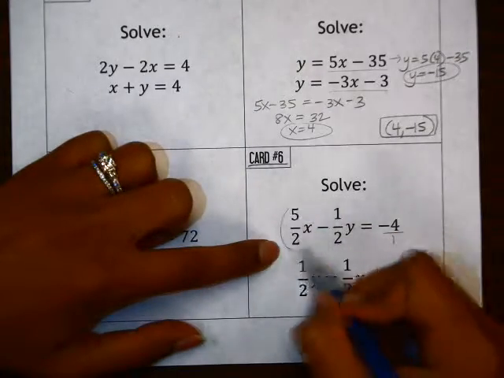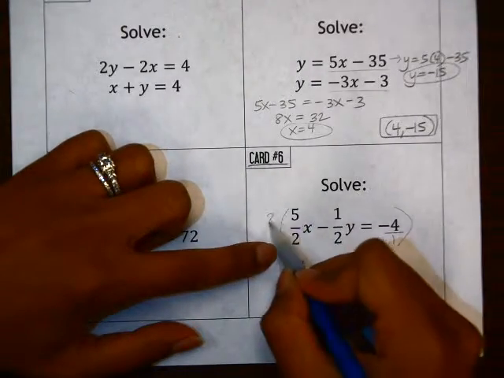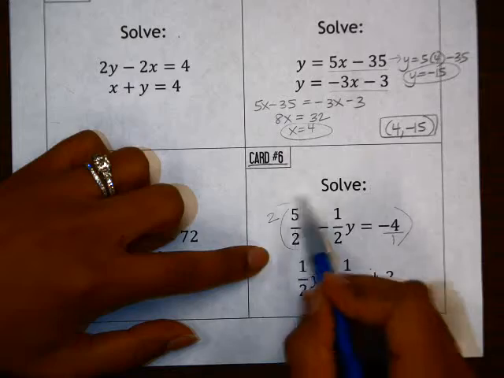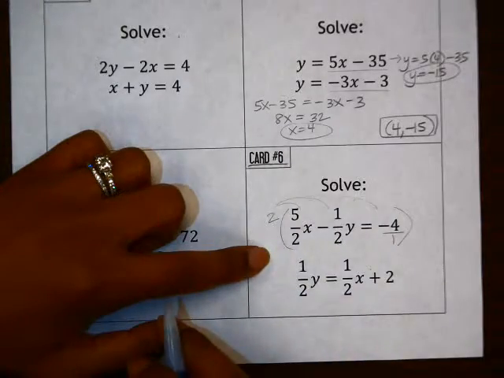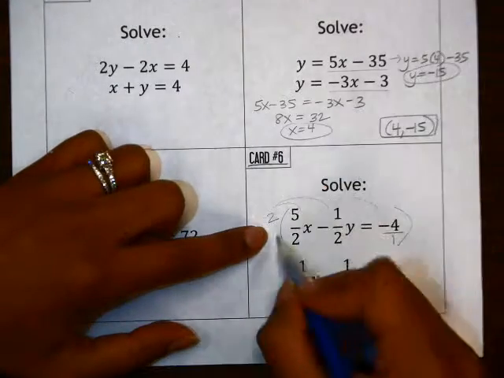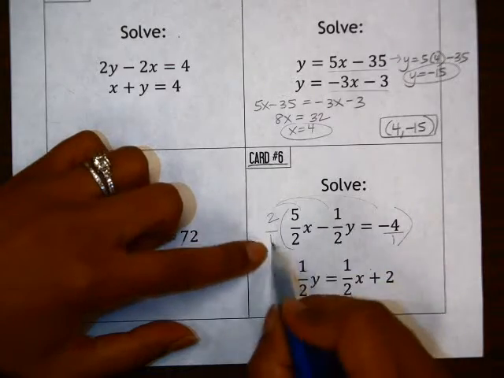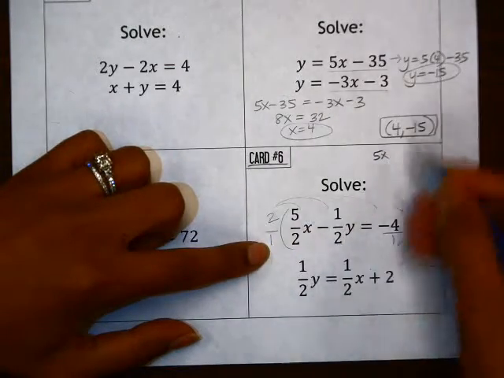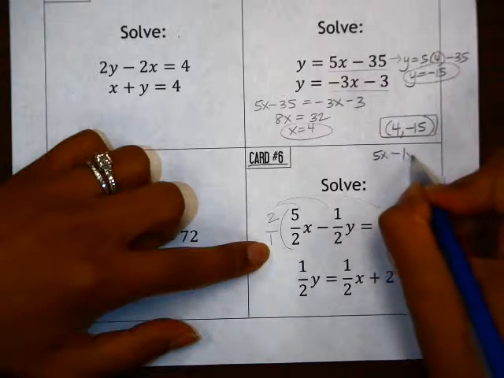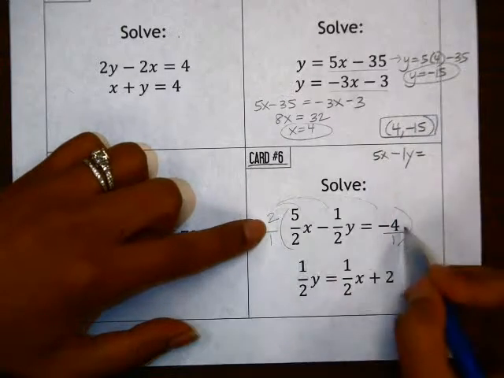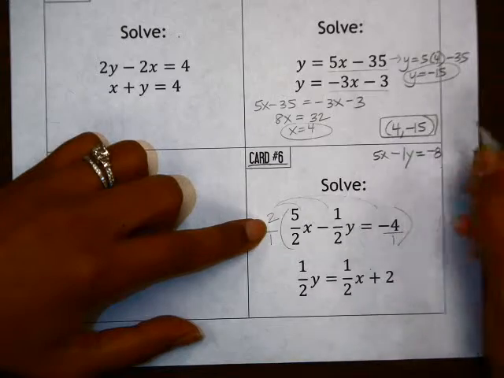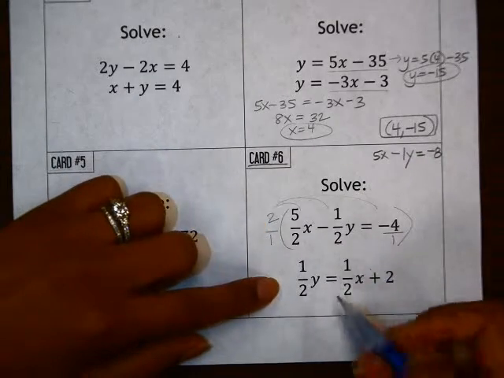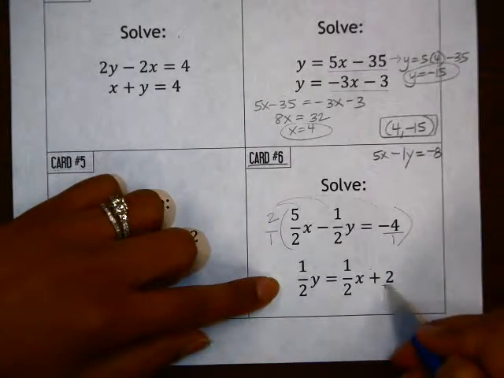So if I can multiply the whole equation by 2, let's see what that gives us. This would give us 10 over 2, which is 5. 2 times 1/2 is 1, so negative 1y, equals 2 times negative 4 is negative 8. The second equation also has a denominator of 2 here.